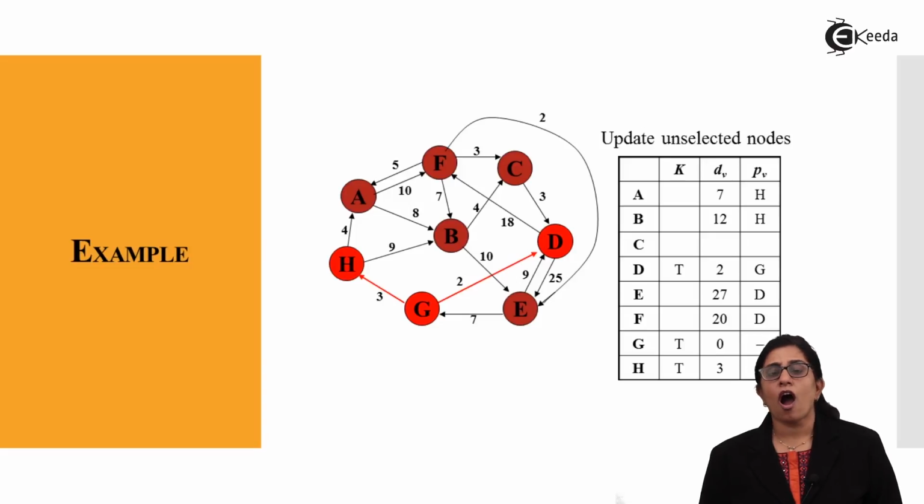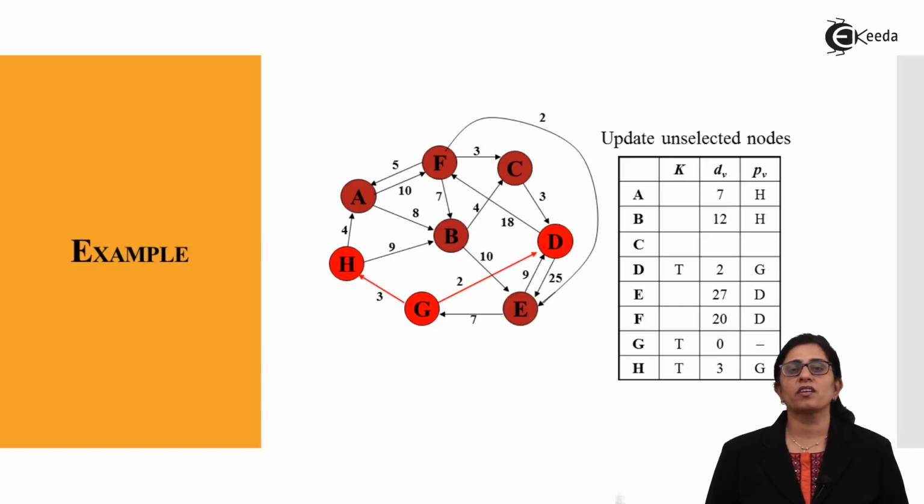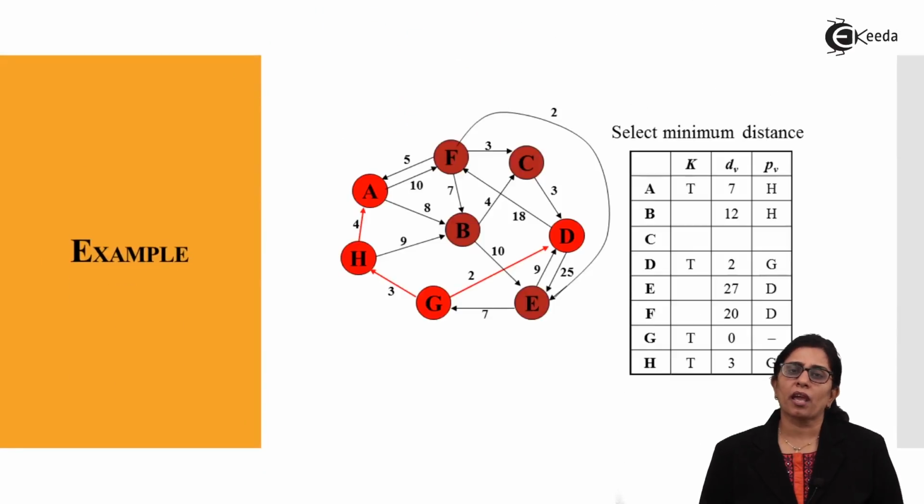Now again, out of these 4 nodes which are existing, we have to choose the minimum weighted node. And the minimum weighted node with the distance is A with 7. So now we will consider A. From A, where all can we traverse?